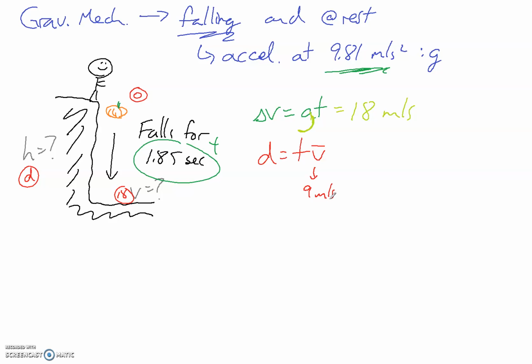If we take that 9 meters per second for average v and multiply it by the time, which is still the 1.85, we find that the pumpkin went around 17 meters. So they were 17 meters off the ground. And that's basic free fall type stuff. Again, it's not totally different than what you guys have done before, just basic mechanics, basic calculations for things going in a vertical direction.